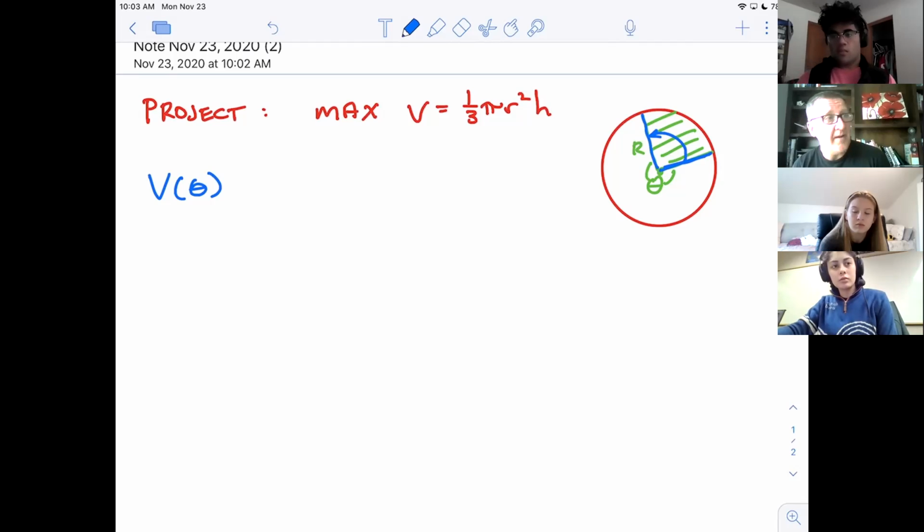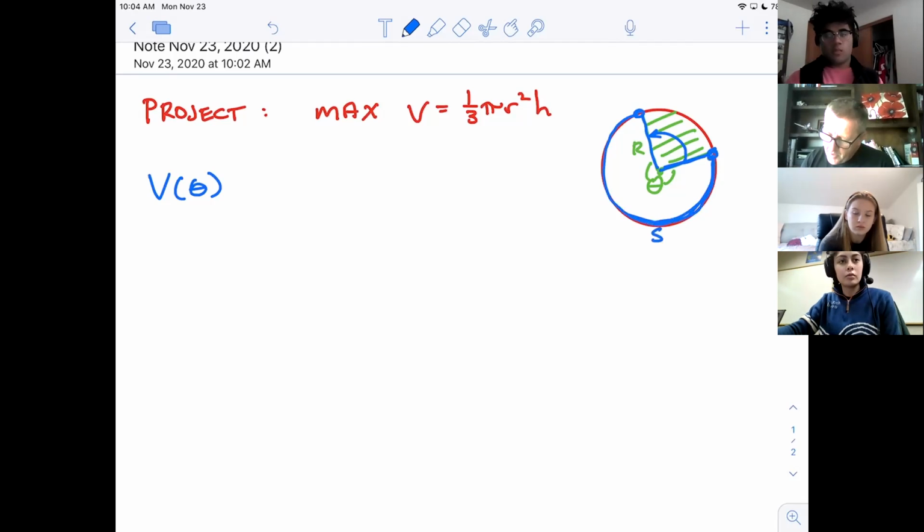So I hinted at the fact and left you with the understanding that that arc length right there, S, I reminded you that if you take the radius times theta, that will give that to you.